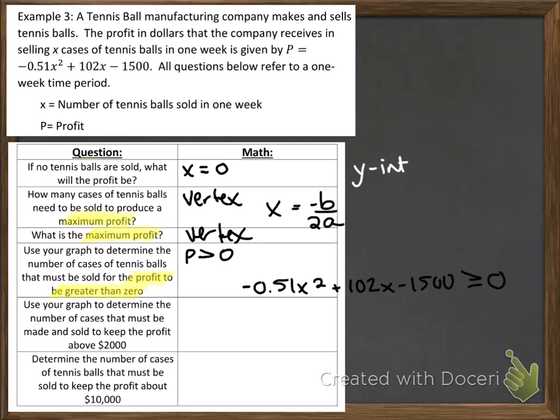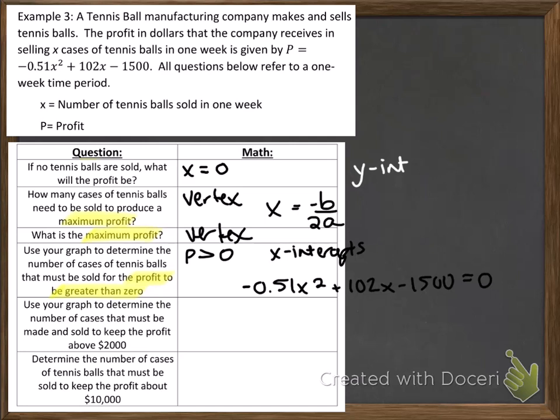So we can just simply first set it equal to 0. By the way, can you tell what this is? When y equals 0, or in this case p equals 0, this is really asking me for my x-intercepts, isn't it? And we know how to do that. We just did that in the last two problems. We know how to set this equal to 0 and solve. We're probably going to have to use the quadratic formula again, just like we did last time.